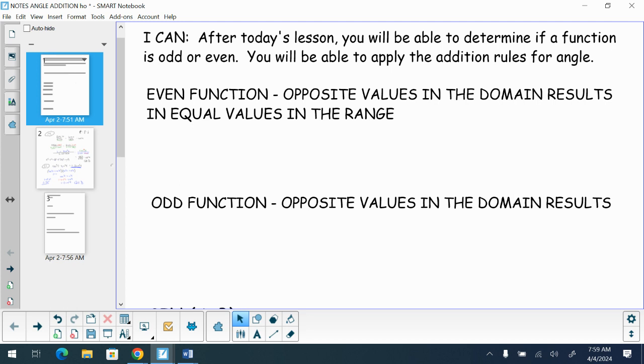I put in opposite values from the domain. And when I talk about domain values, these could be x values, theta values. Those are values that you plug in. Those are values from the domain. You plug them in, and you will get equal values from the range.